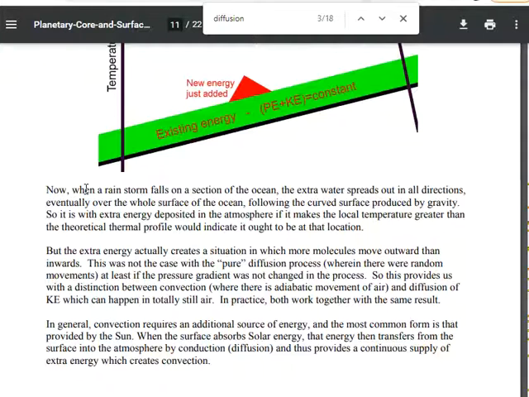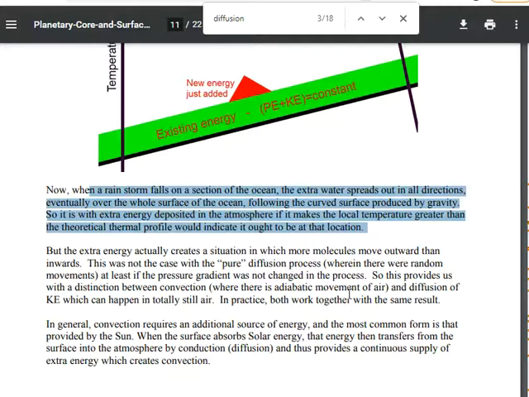So he goes on to say, now when a rainstorm falls on a section of the ocean, the extra water spreads out in all directions, eventually over the whole surface of the ocean, following the curved surface produced by gravity. So it is with the extra energy deposited in the atmosphere. If it makes the local temperature greater than the theoretical thermal profile would indicate it ought to be at that location.